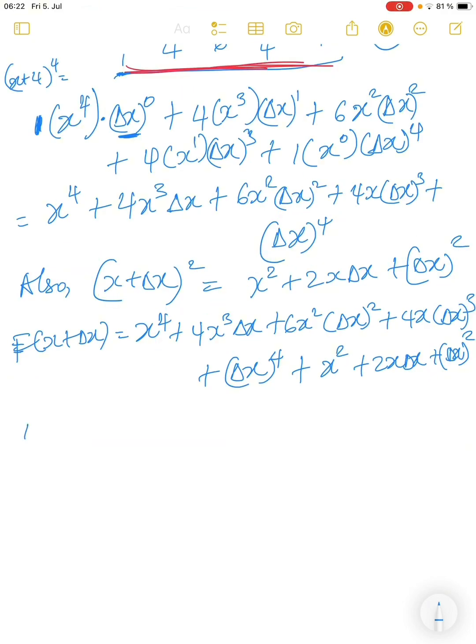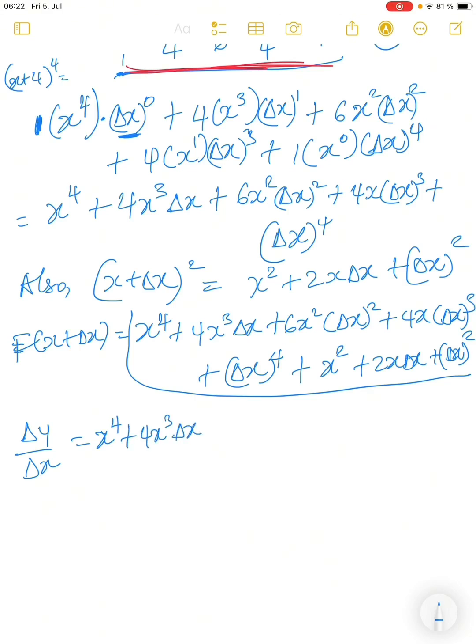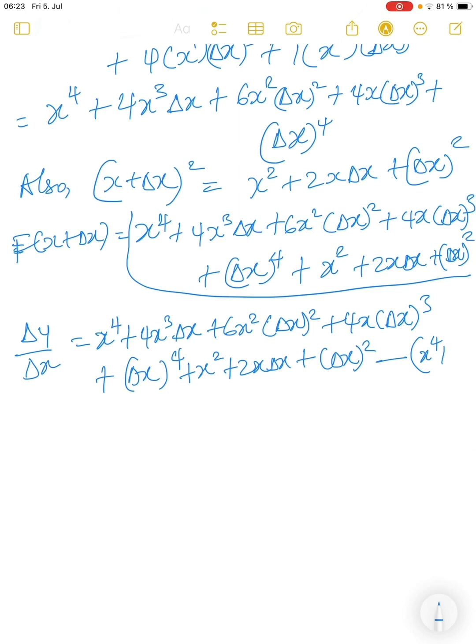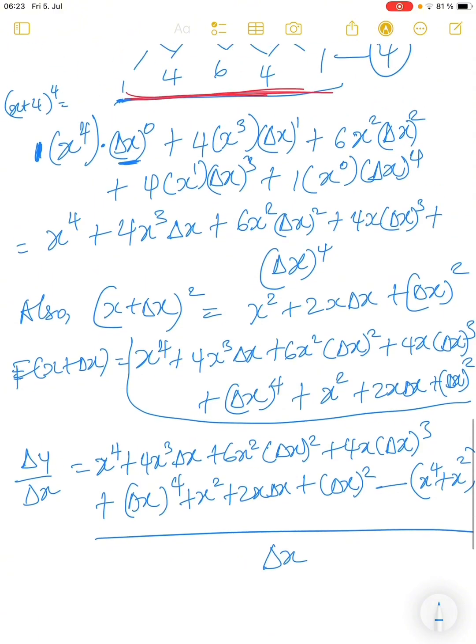So in our differentiation, we have that delta y over delta x is equal to: x power 4 plus 4x power 3 delta x plus 6x squared delta x squared plus 4x delta x power 3 plus delta x power 4, plus the expansion of the squared term, minus x power 4 plus x squared, all over delta x.